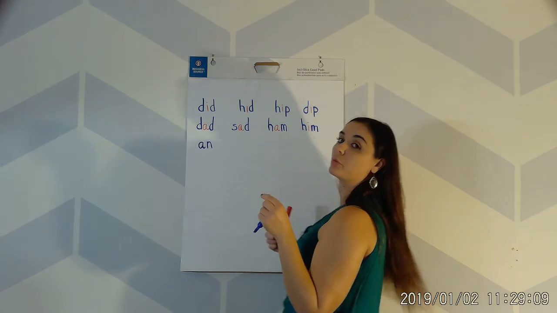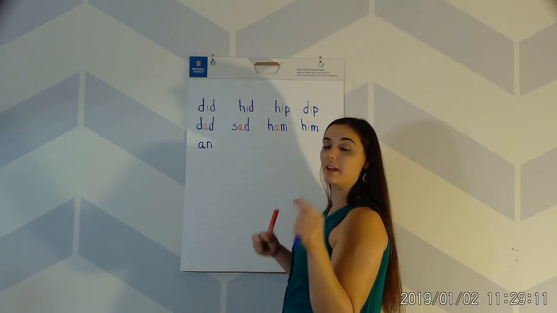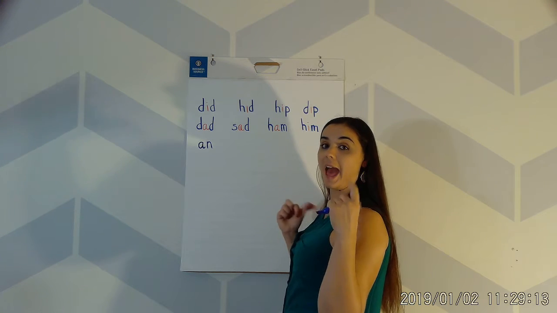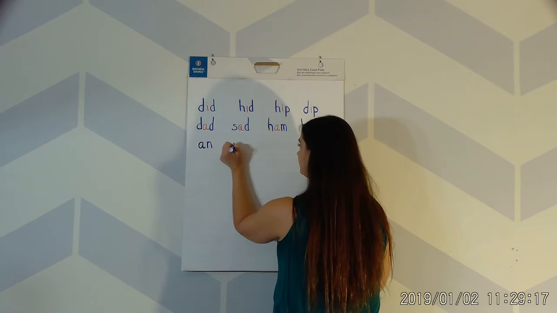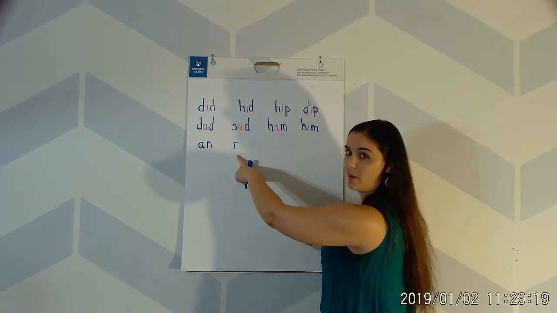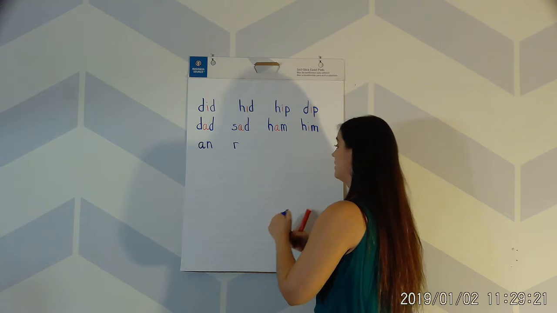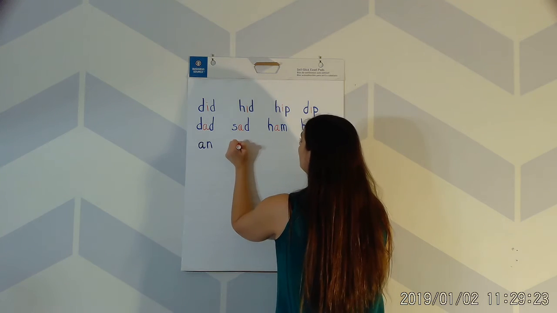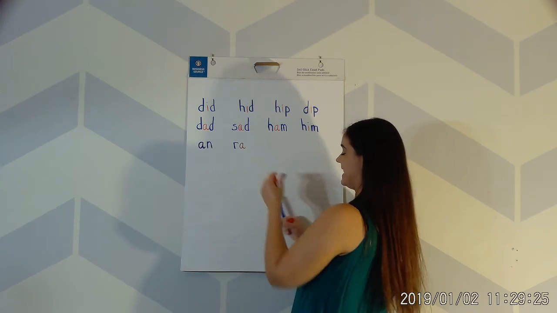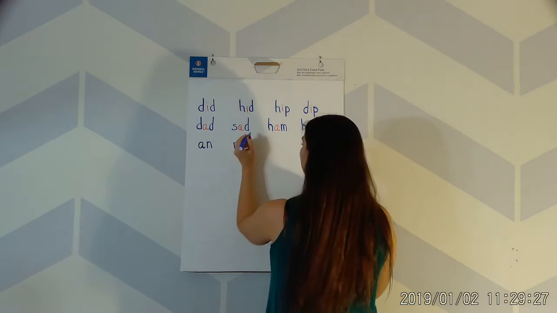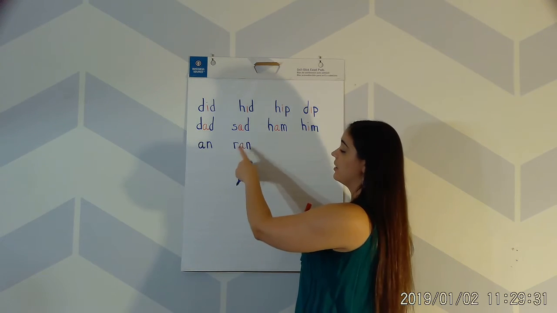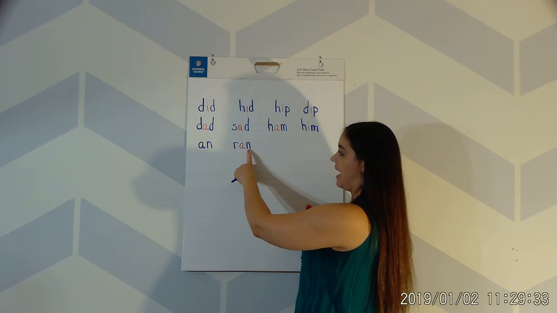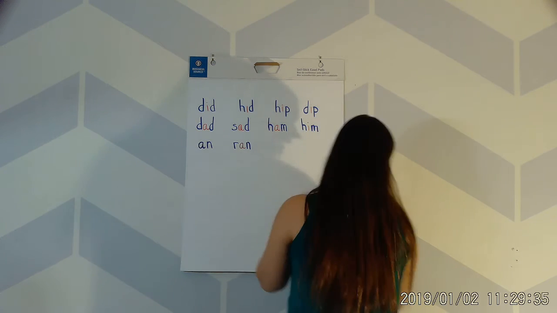Next word. Ran. Your turn. Ran. So R says what? A says a. N says n. Ran.